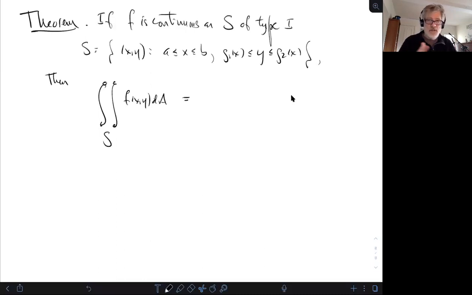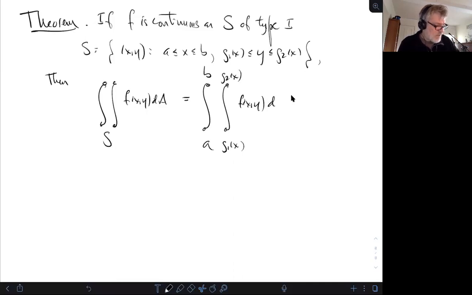And this is new. What I'm going to write is something we haven't seen before. This is the integral from a to b, integral from g1 of x to g2 of x, f of x y, dy, dx.